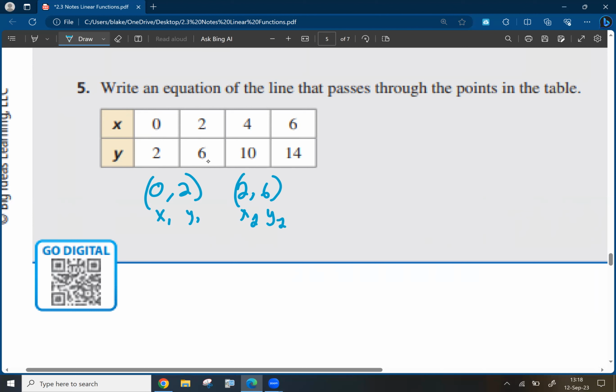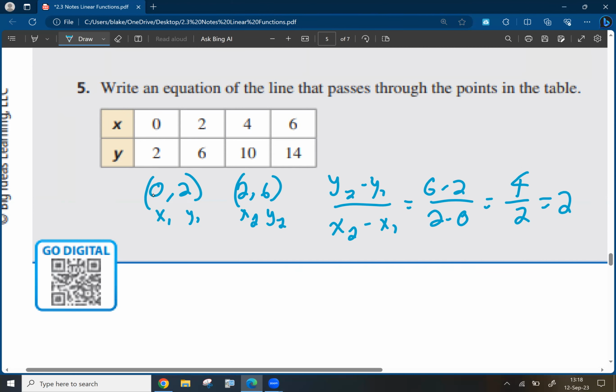My formula, remember, was y2 minus y1 over x2 minus x1. So y2 minus y1 would be 6 minus 2, and x2 minus x1 would be 2 minus 0. So 6 minus 2 is 4, and 2 minus 0 is 2. So I have 4 over 2, which is 2. So this is my slope.